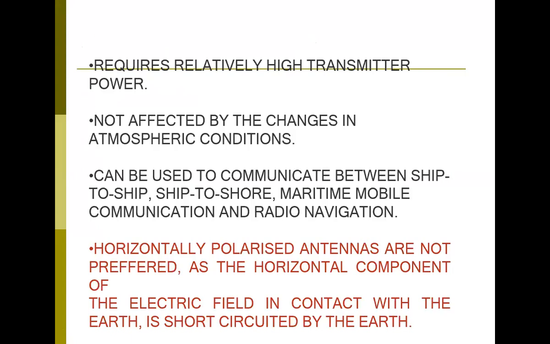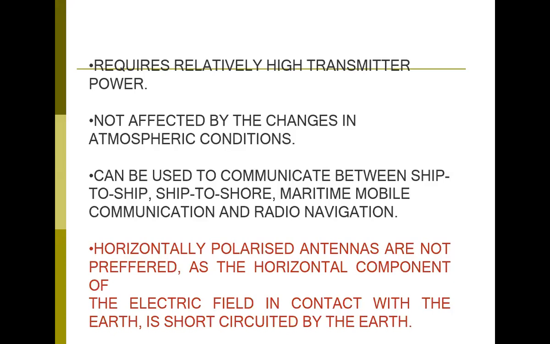It requires relatively high transmitter power, because if you want a signal of good strength, its transmitting power should be good. As it is very close to the earth, and the signal has to be sent over a shorter distance, it is not much affected by atmospheric conditions.